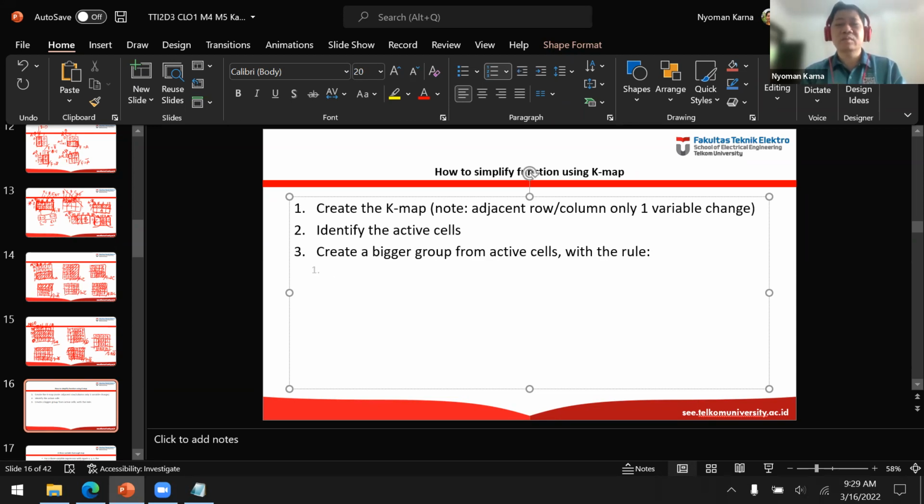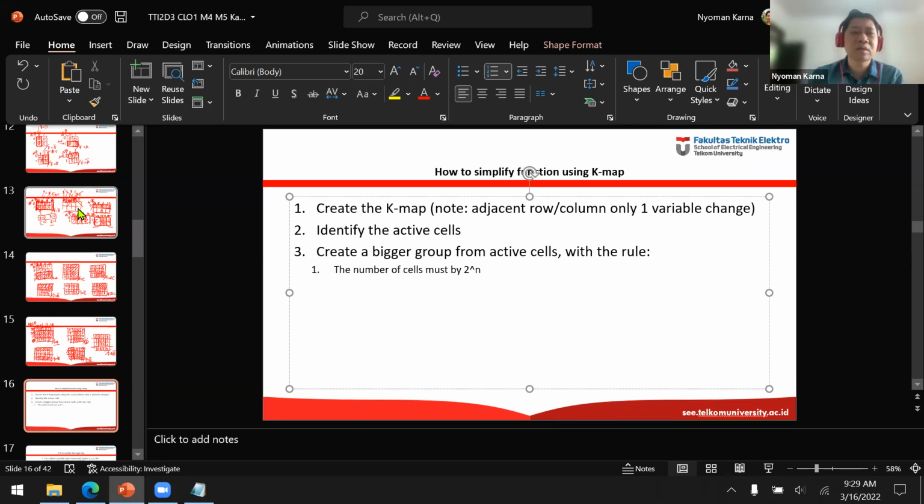The first rule is the number of cells must be 2 power of n.